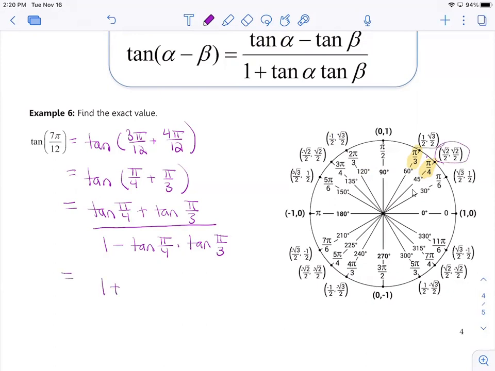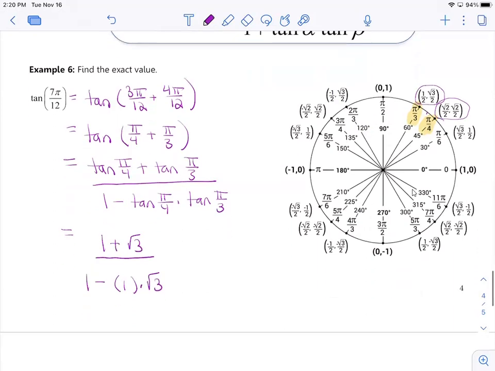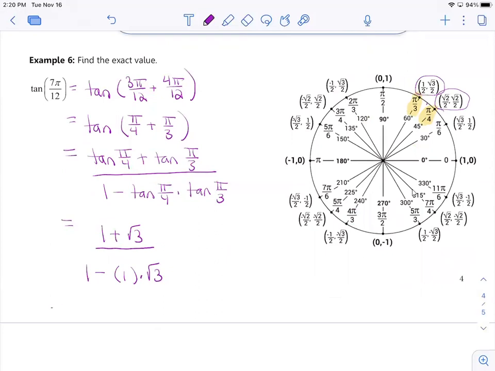Tangent for pi over 3 is going to be root 3. And then we have 1 minus, well, tangent of pi over 4 is 1 times tangent of pi over 3 is root 3. So we end up getting 1 plus root 3 over 1 minus root 3.